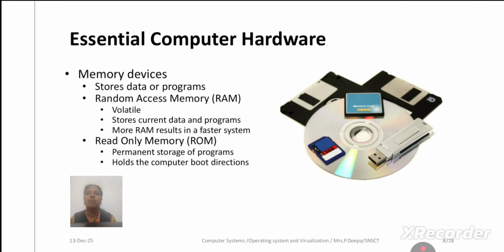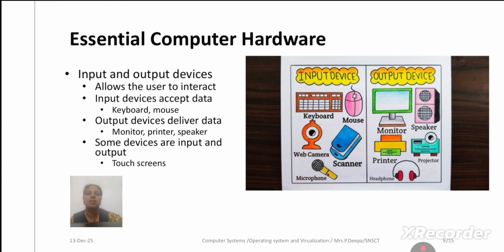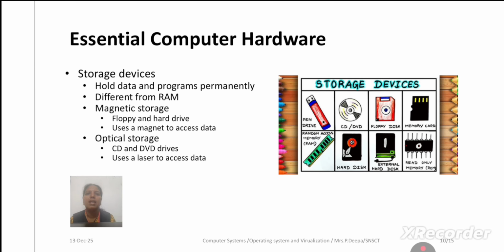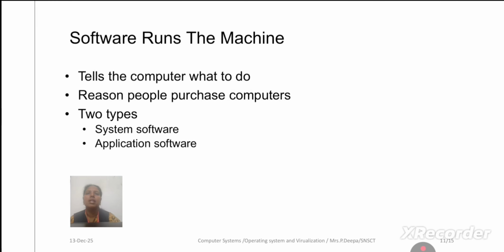Now the topic of software highlights the importance of programs in a computer system. Hardware alone cannot perform without the software. Software provides the instructions that tell the hardware what to do.